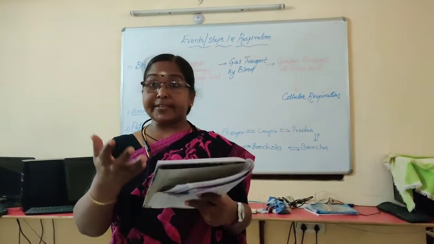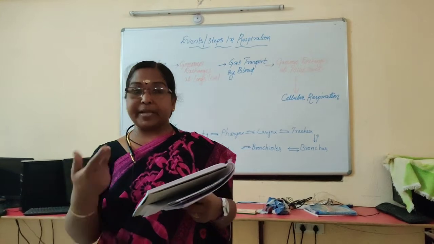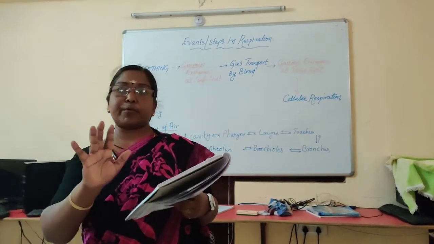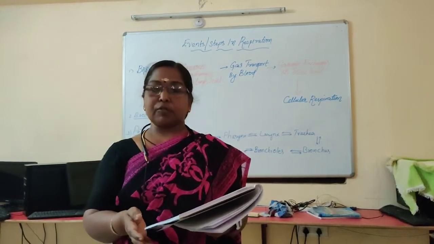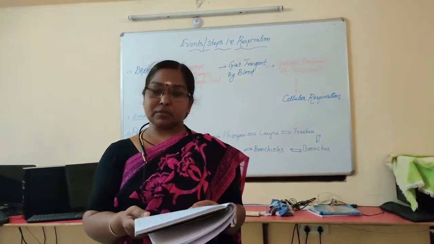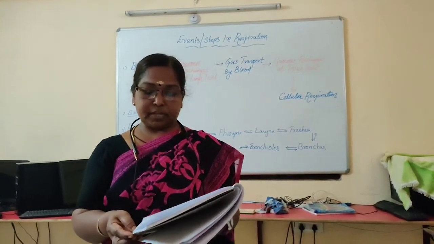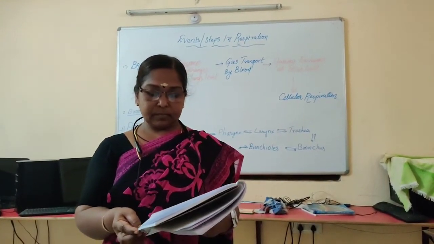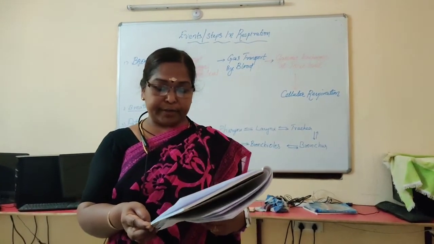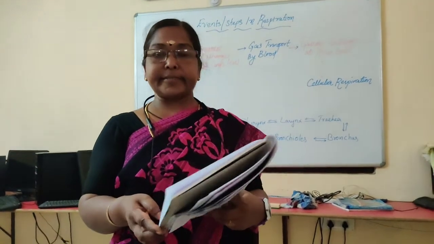But when we are breathing, the epiglottis opens completely, so we can take much more air into our bodies, into the lungs. The epiglottis opens more widely when we take a breath and air enters the lungs.